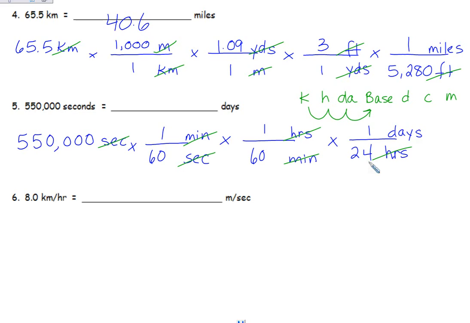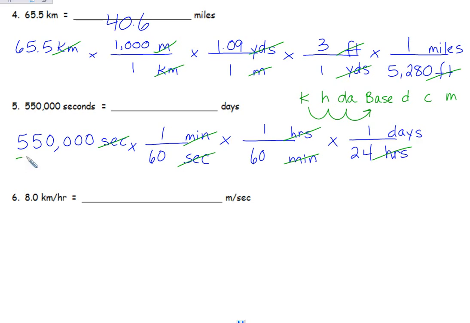All of our numbers are on the bottom, so we're going to divide. So in my calculator, I'm going to plug in 550,000 divided by 60, divided by 60, divided by 24. My first number really only has 2 significant figures. There are zeros at the end, but there's no decimal spot.